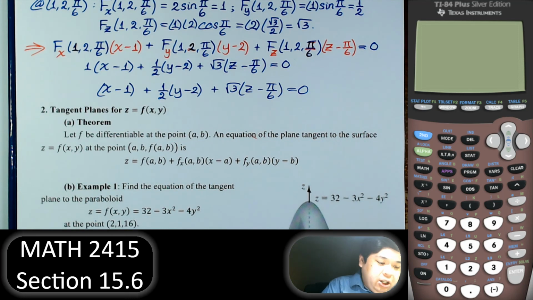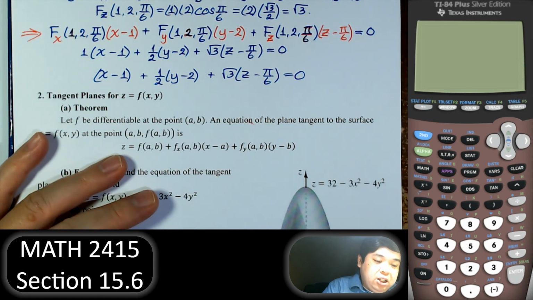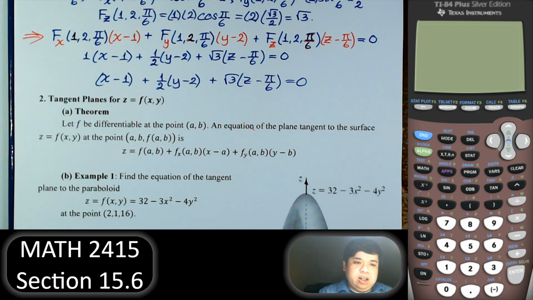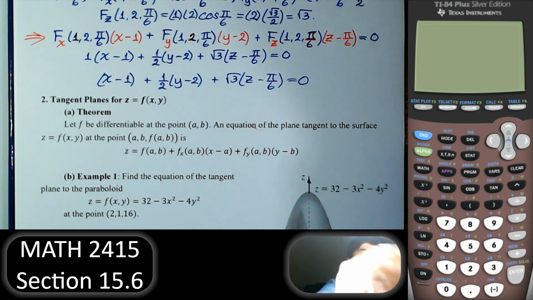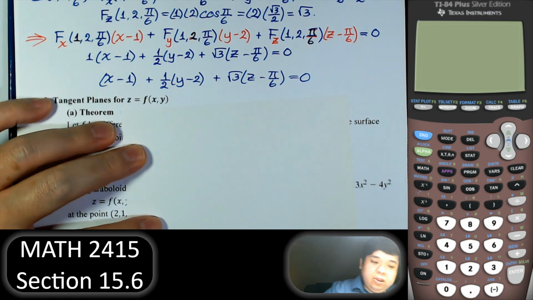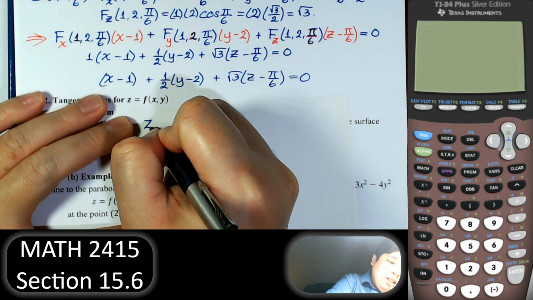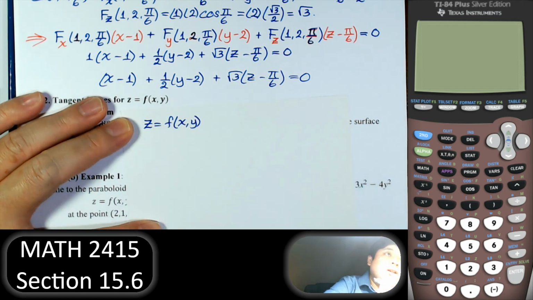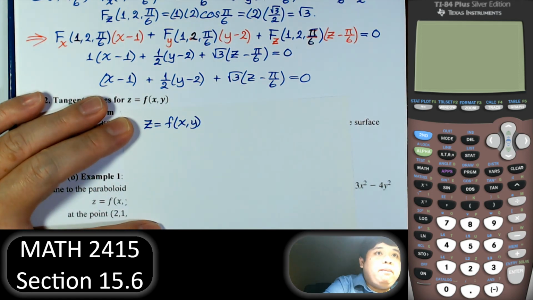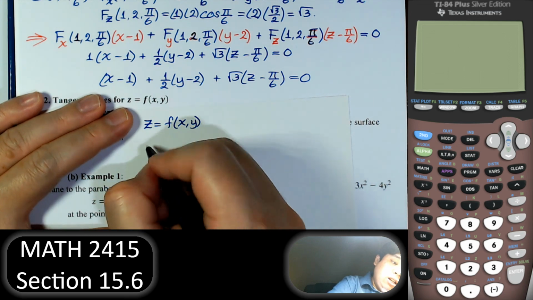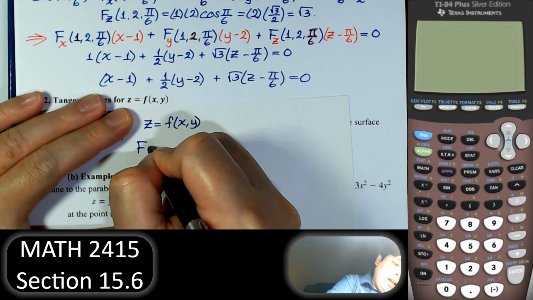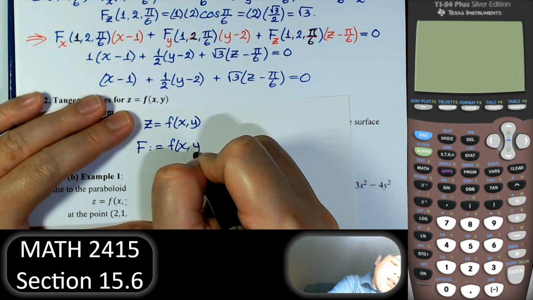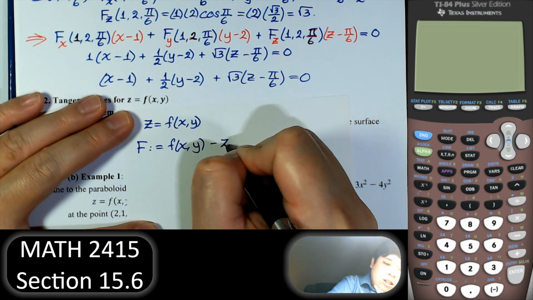Next, we'll find the equation of a tangent plane to a function z equal to f of x, y. So what is the difference here? Actually, just think about it this way. We have z equal to f of x, y, right? Now, if we move everything to one side, we have F equal to f of x, y minus z.